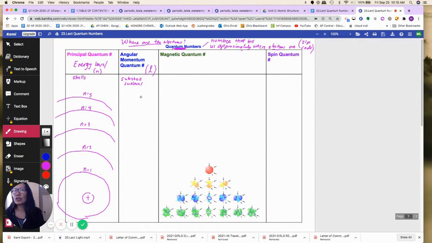The subshells or sublevels are also sometimes called the orbital type or orbital shape. Okay, there are these orbital types. The first one is called the s orbital.